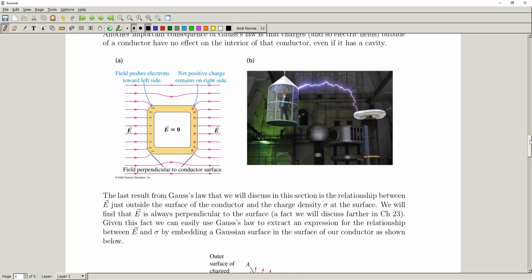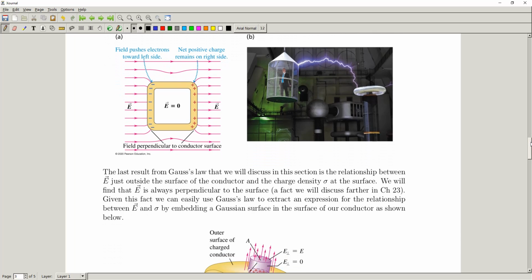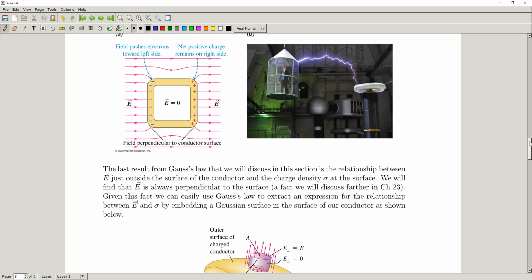The last thing I want to say about Gauss's law and how it pertains to conductors and what's going on inside these conductors is that we see that all of our electric field lines in this case here, and again, we're going to discuss this more in chapter 23, we can see that all of the electric field lines here originate perpendicular to the surface, right?